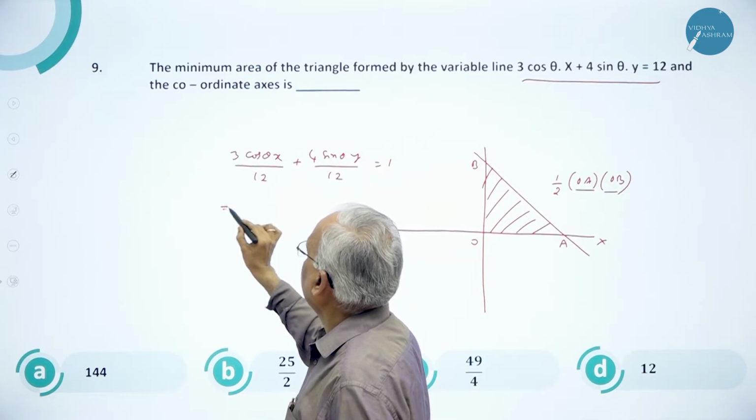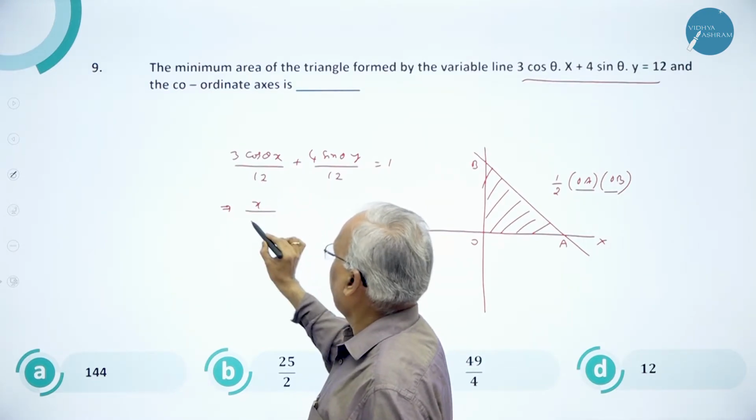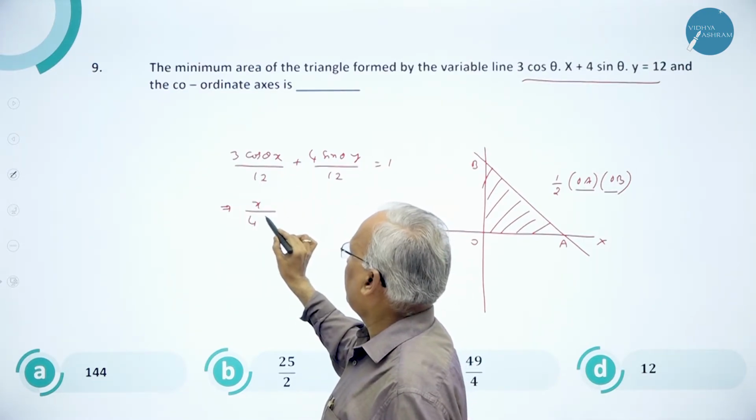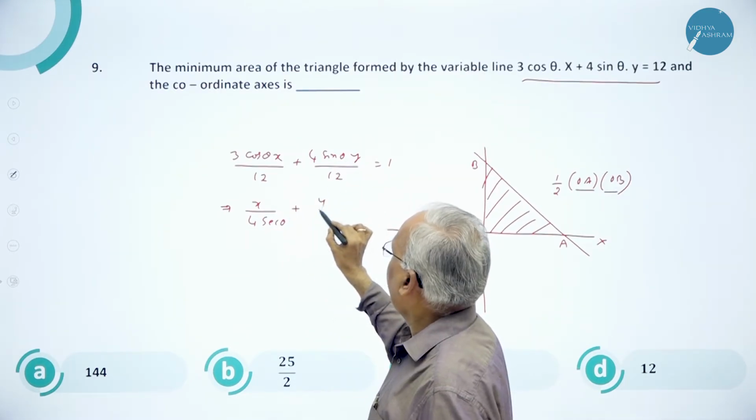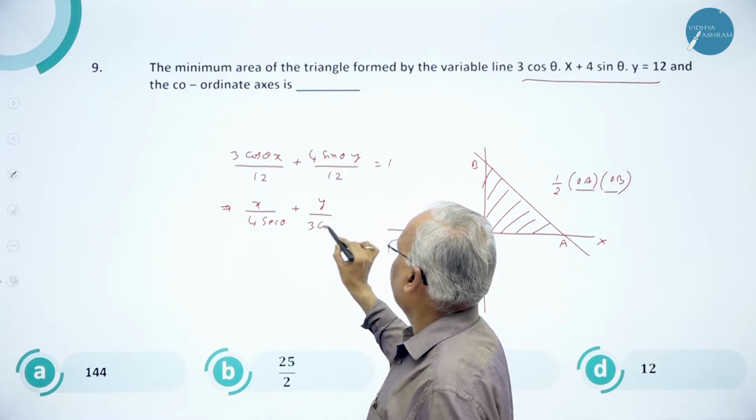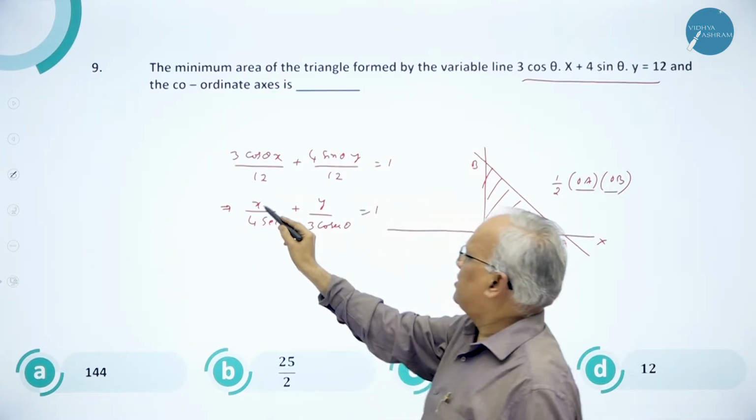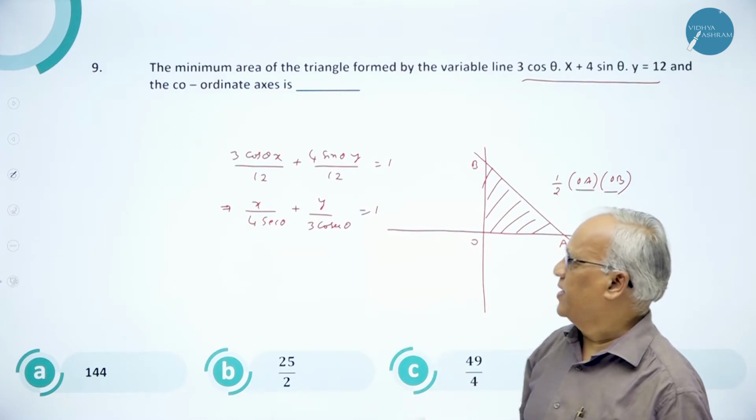Now it implies x divided by, 3 by 12 is 4, cos theta, when you bring it to the denominator, it becomes secant theta, plus y divided by 3 cosecant theta, equal to 1. This is the form x by a plus y by b equal to 1, simplifying.